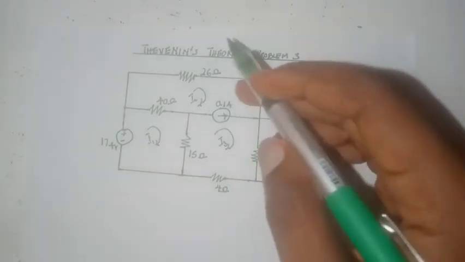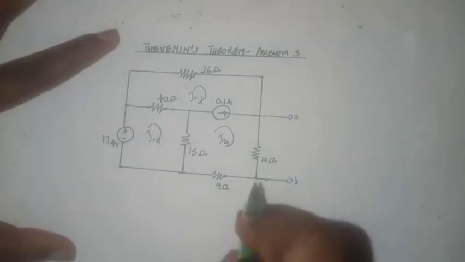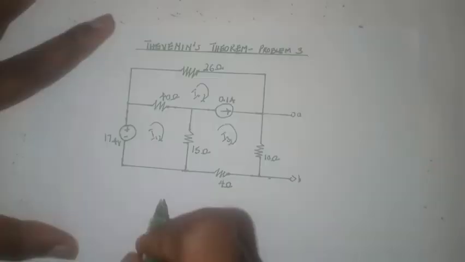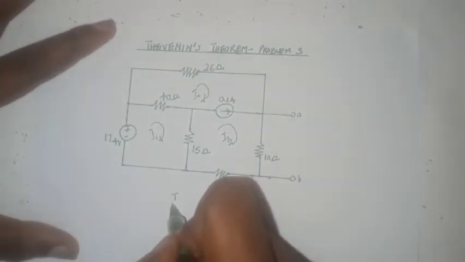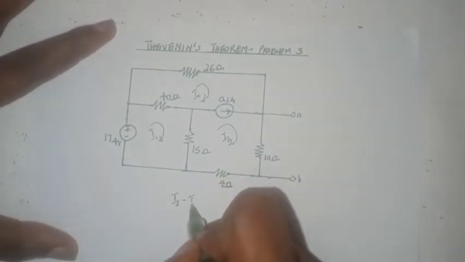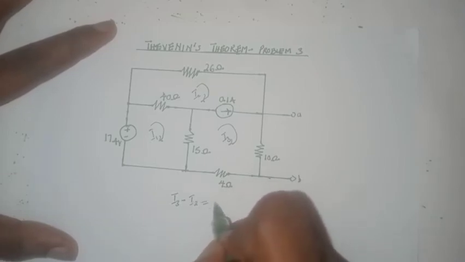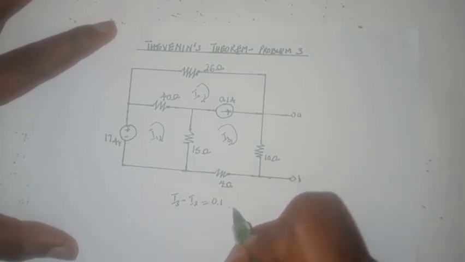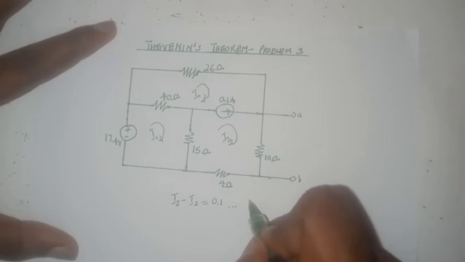From this branch, we can write the equation that I3 minus I2 equals 0.1. You can call this our first equation.